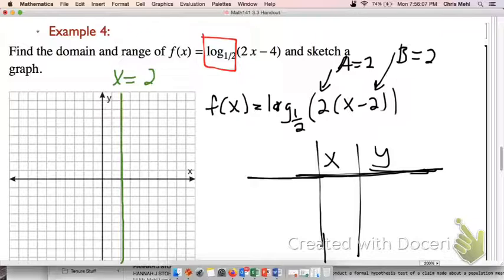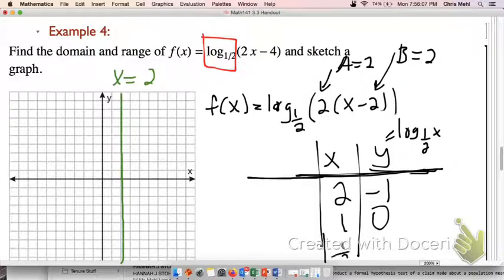So my values were when x was 2, y was -1. When x was 1, log base 1/2 is 0. So remember this is log base 1/2 of x. And when x was 1/2, this was when y was 1.